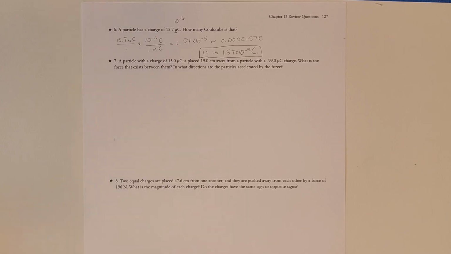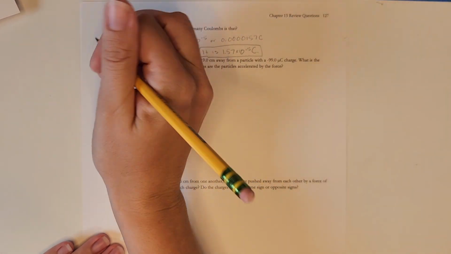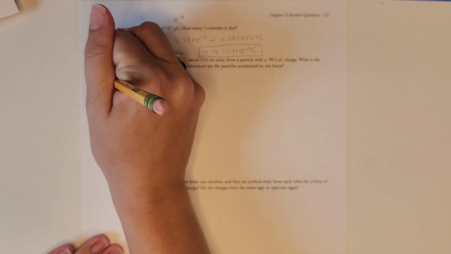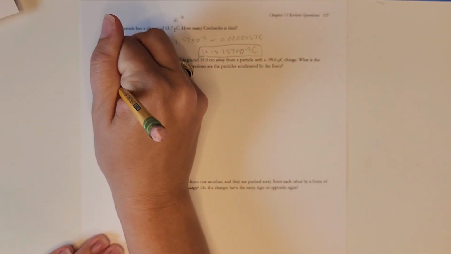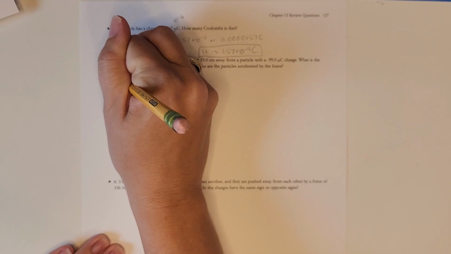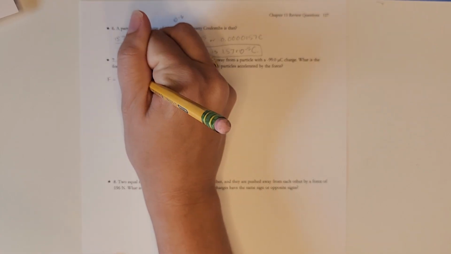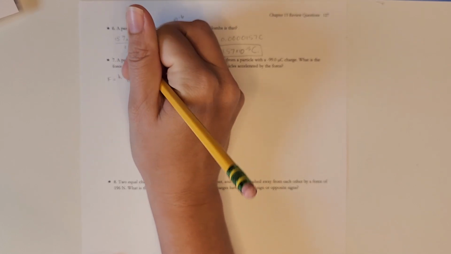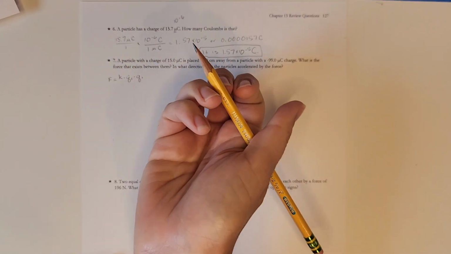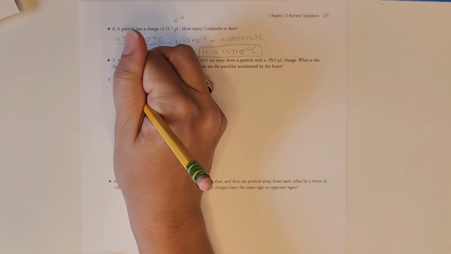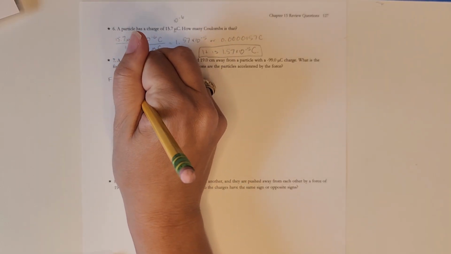For this, we're going to need to use equation 13.1, which is that our force equals our K value times our first charge, times our second charge, divided by the radius squared.